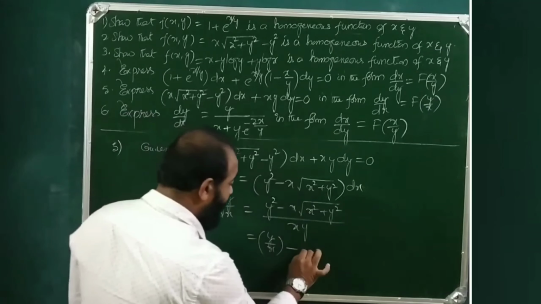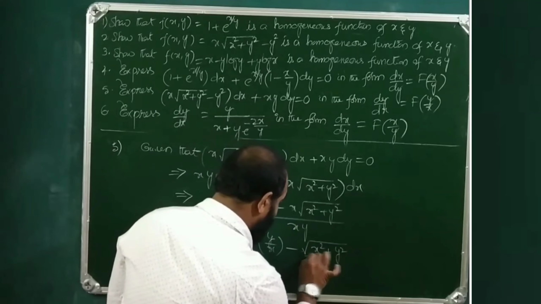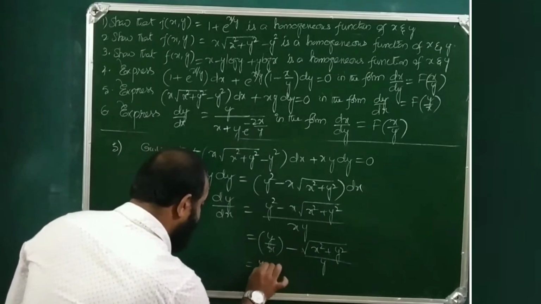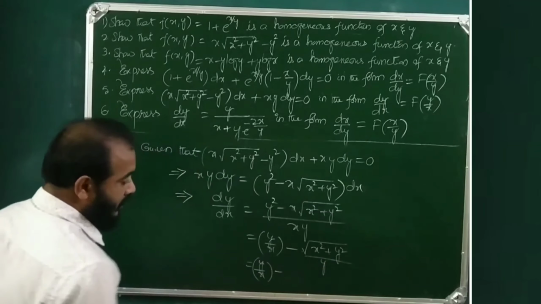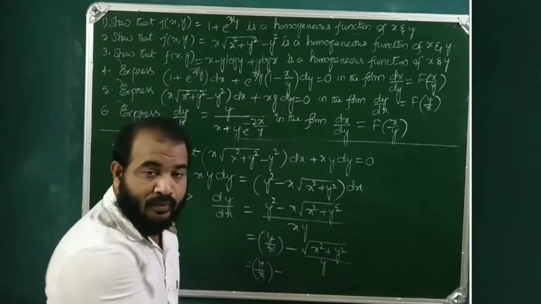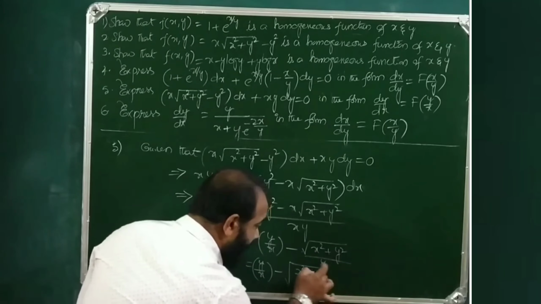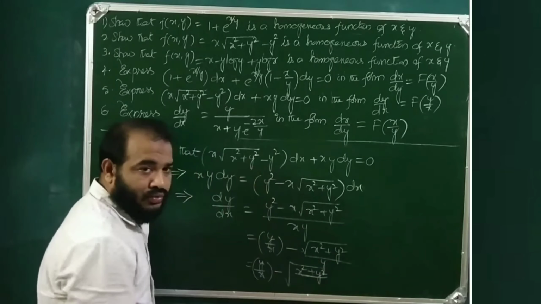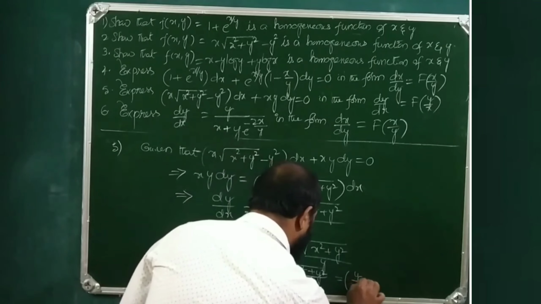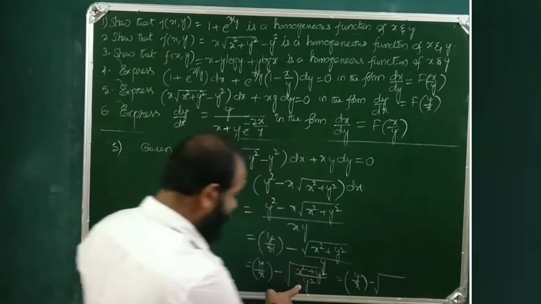X gets cancelled, we are left with the root of x square plus y square by y. So this can be written as y by x minus, this y, if you bring it in the root, it will be y square. So this is root of x square plus y square by y square. So this is equal to y by x minus root of x square by y square plus 1.